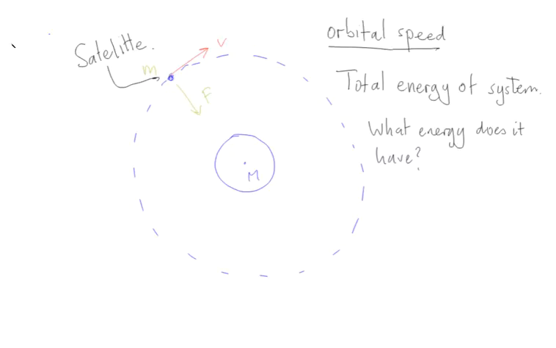Well, we know that for something moving it must have kinetic energy equal to 1/2 mv squared. We also know that something that's in a gravitational field must have gravitational potential energy, which is given by minus big G big M little m over r, where r is the distance between the centres of the objects.